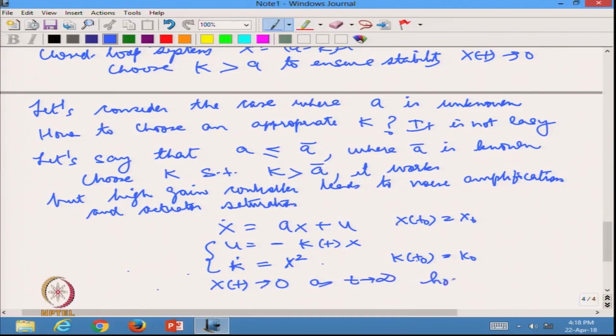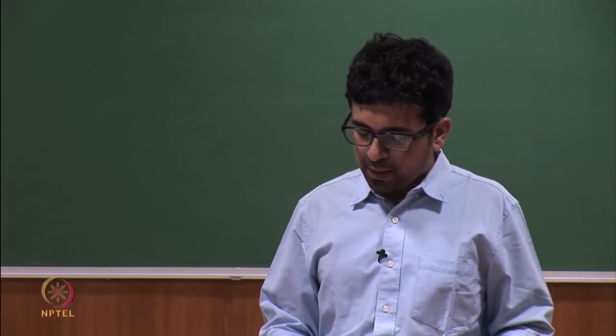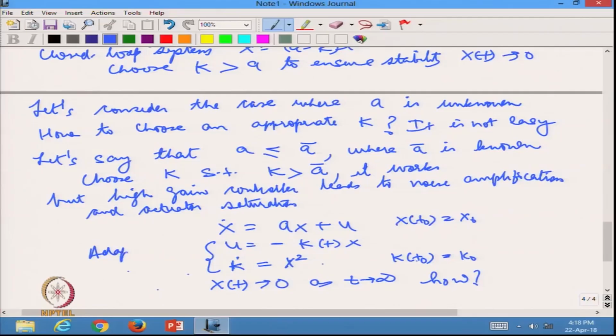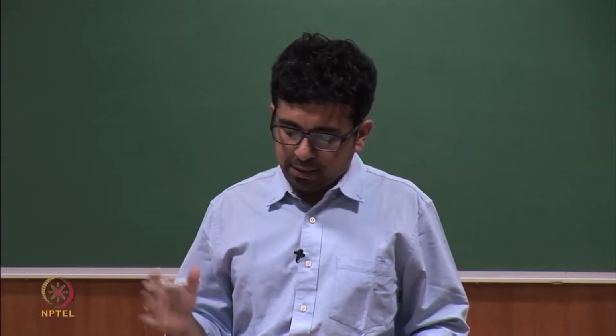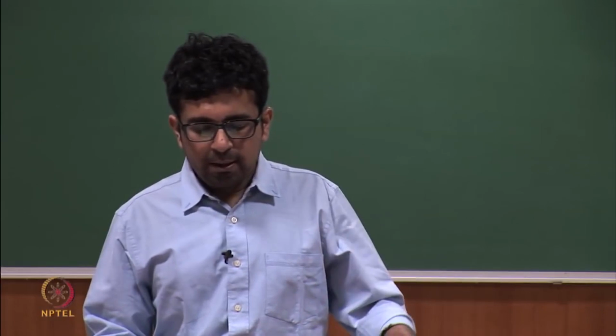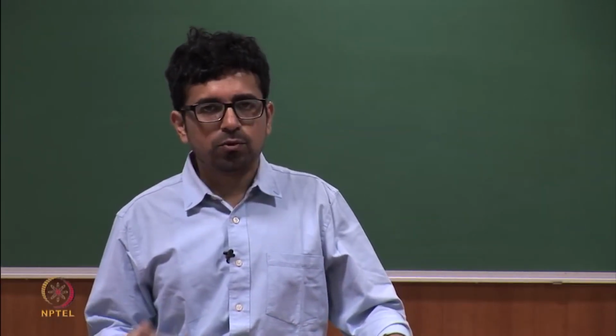How this is possible is something that we will consider later, but right now you can just take this on faith that an adaptive controller like this can be designed without knowing the parameter a, but at the same time it can still satisfy the control objective.